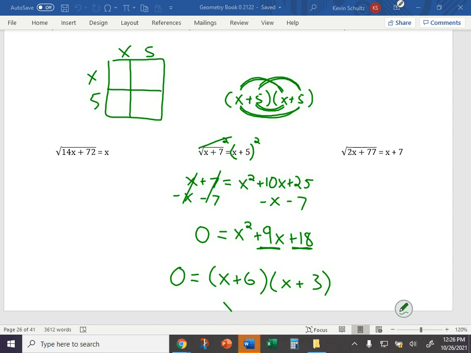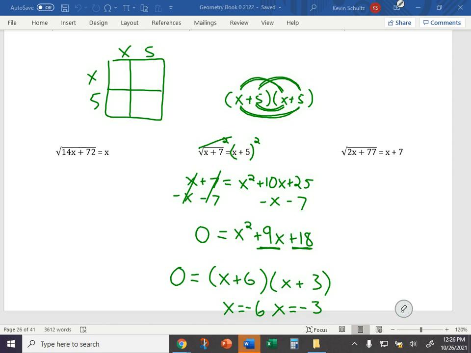So, what are our two solutions for x? James? -3 and -6. I remember that you have to make them negative. Now, take the opposite. Or so we think. Okay?